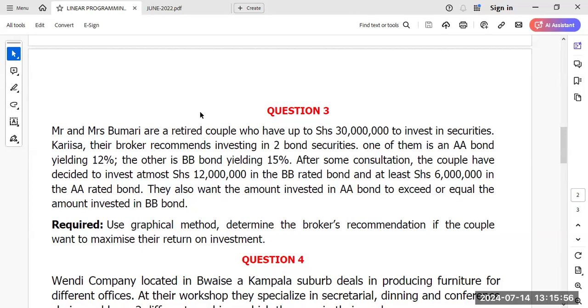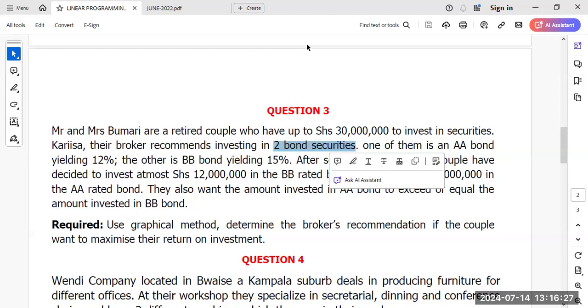In this question, who can tell me the decision variables? What are the decision variables in this question? Yes, please. I think AA and BB. AA and BB, because those are the only two bond securities that we have.